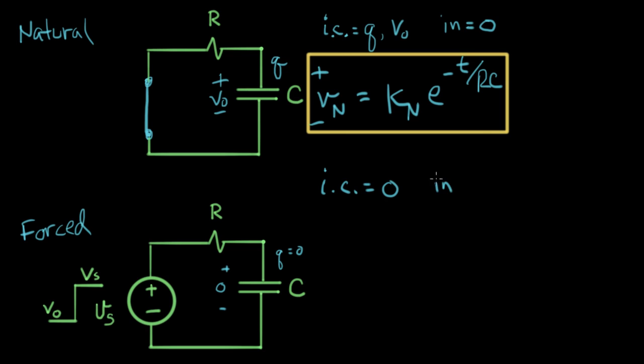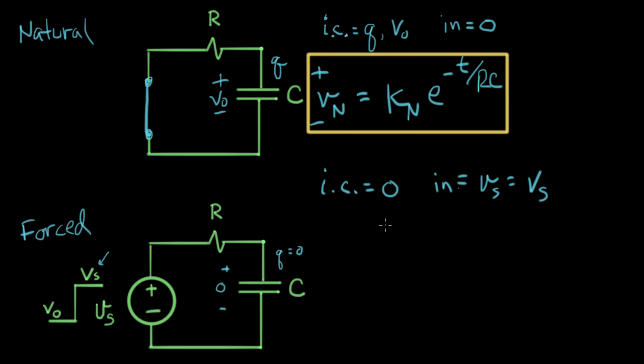And the inputs, we use the inputs this time. The input is equal to Vs. We're going to solve the forced response after time equals 0, so that means that the input is capital Vs.